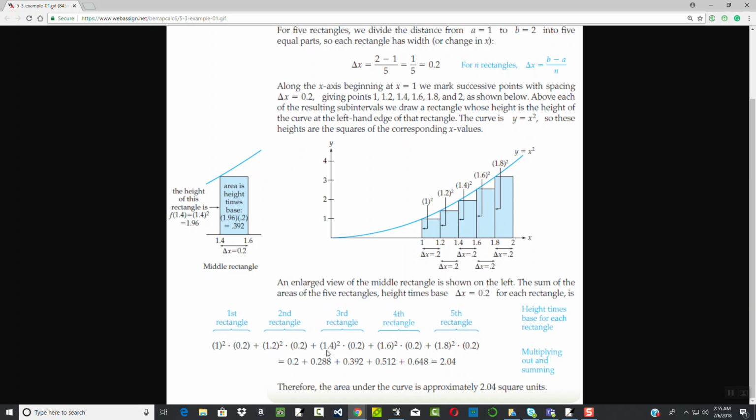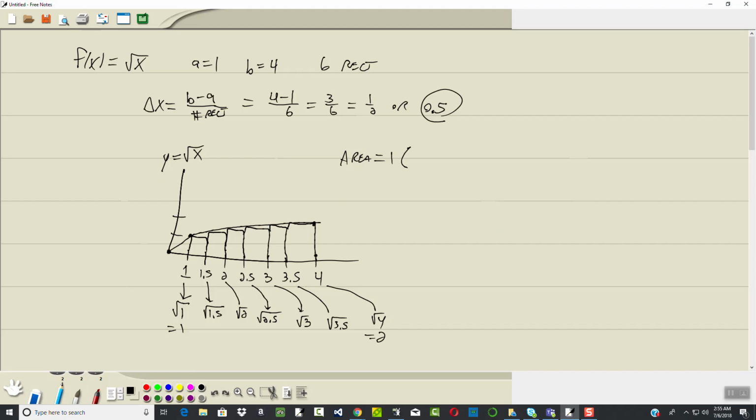Then 1.2, 1.4, 1.6, 1.8, and it's missing something. There's no 2, because we're analyzing the left-hand side. And so when we get to the rectangle here, the left-hand side is 1.8. That's why we never reach the 2. So when we set this up, we're not going to use the 4.